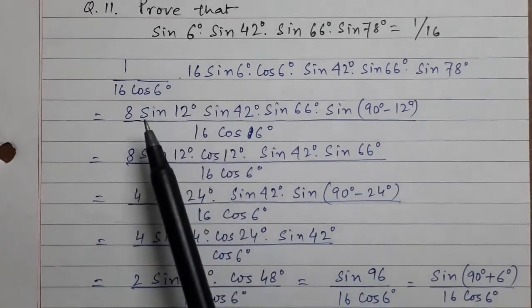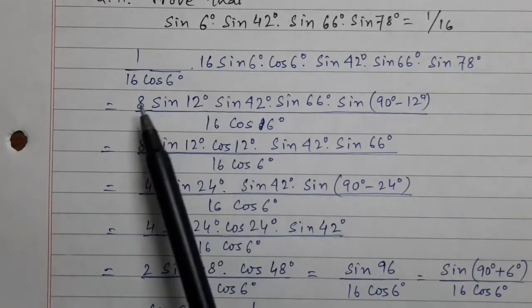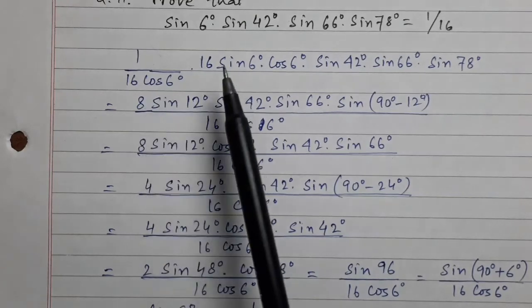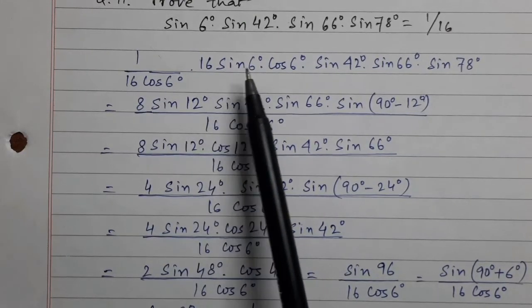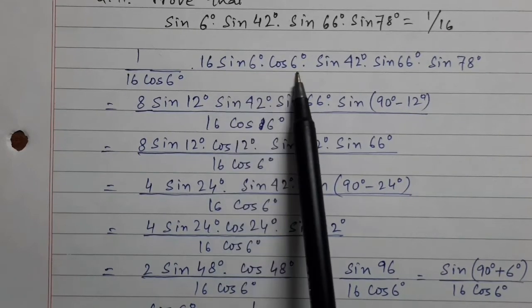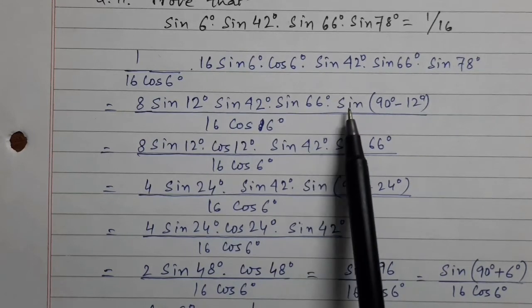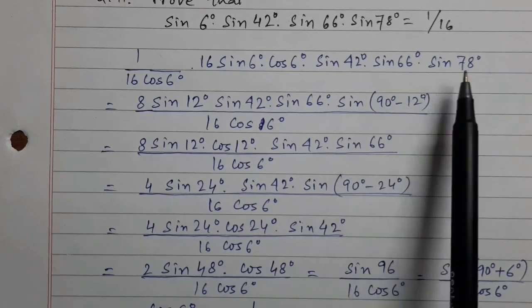So we can write this thing as, now 16 is there, so we can write 16 into 2 sin 6 degree into cos 6 degree. So 2 sin 6 cos 6 will become sin 12 degree. Now all of them are as it is, only this thing, this is 78 degree.